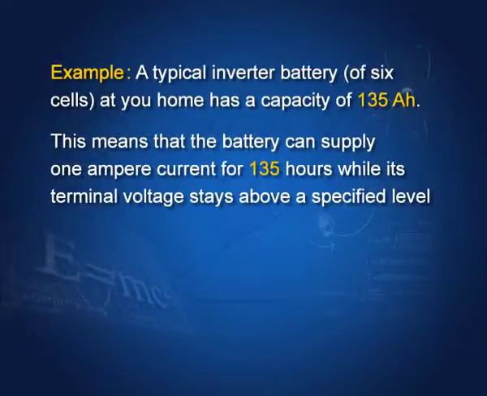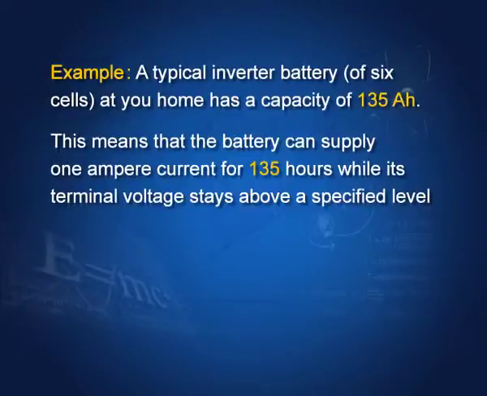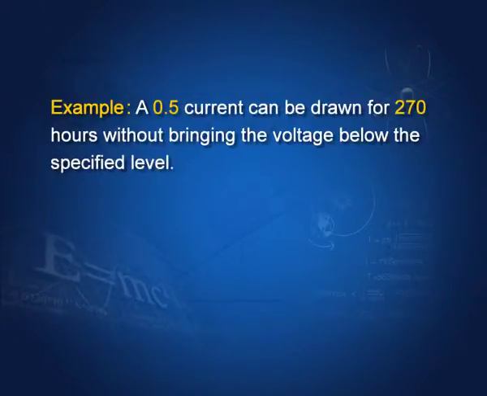This means that this battery can supply 1 ampere for 135 hours without the voltage of the battery falling below a certain level. If I draw only half an ampere, this will be 270 hours, and like that.